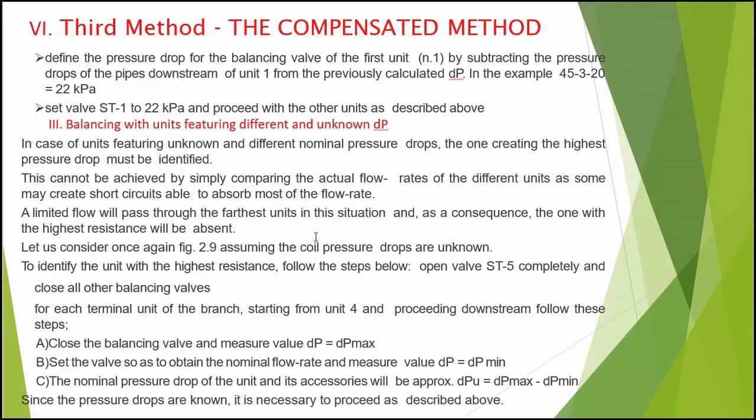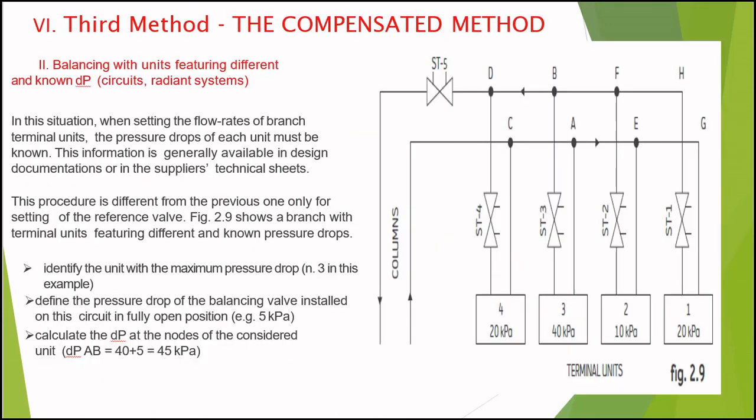Define the pressure drop for the balancing valve for the first unit, N1, by subtracting the pressure drops of the pipes downstream of unit 1 from the previously calculated dP. In this example, 45 minus 3 minus 20 equals 22 kilopascal.